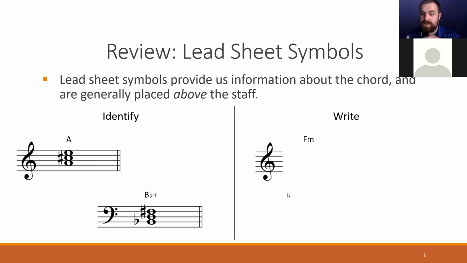Now, there was a question in the chat as to, is it okay if I write the lead sheet symbol essentially a different way? Instead of a floating A, can I write A, M, A, J for major? Or instead of B flat plus, doing B flat, A, U, G for augmented or something like that. I'm going to go ahead and say that that is inherently fine. All that I ask is that you're consistent.